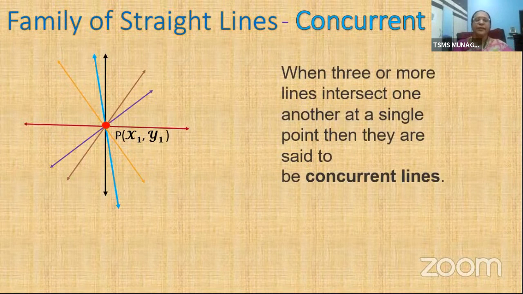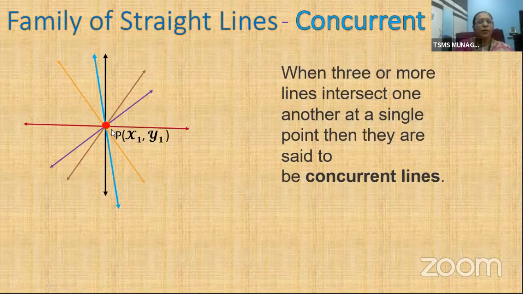Now the concurrent lines are what? When three or more lines intersect one another at a single point, then they are said to be concurrent lines. So here you can see this P of x1, y1, which is the point of intersection of all these lines. So this is also representing our India. We are of different religions, caste, creed, everything.